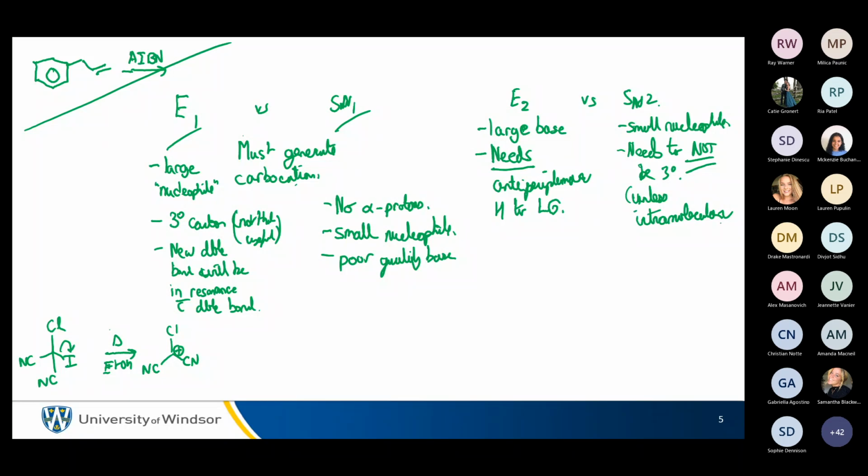If you can make a ring and the leaving group is tertiary, that is possible because it is tied together. It's going to eventually hit. But in 99% of cases, if you have a tertiary leaving group, you are not going to get an Sn2. You're going to get the E2.